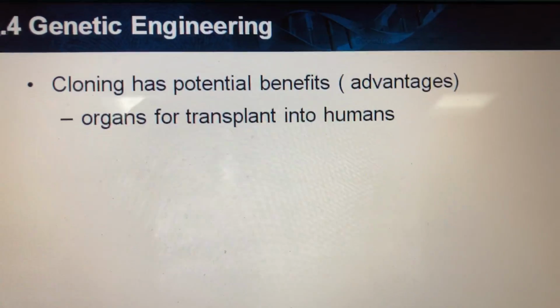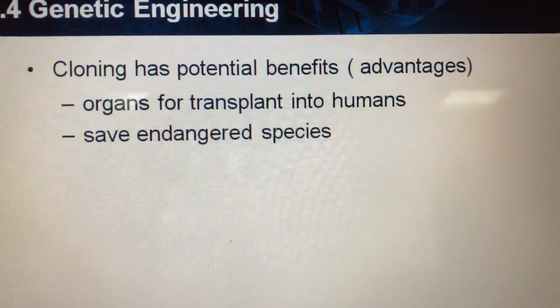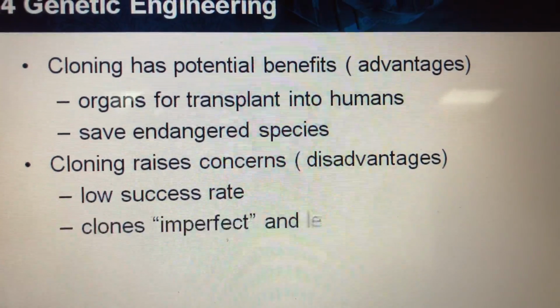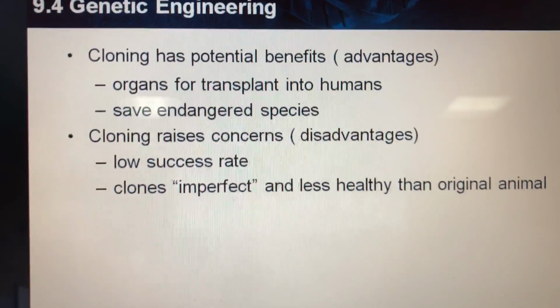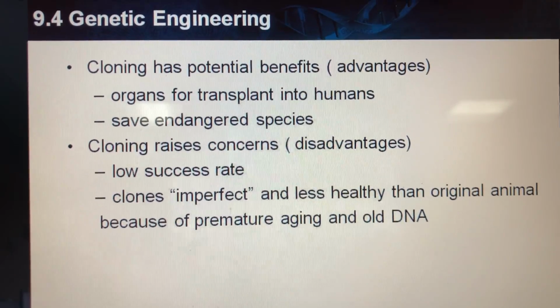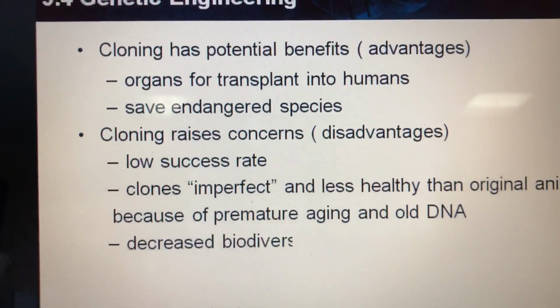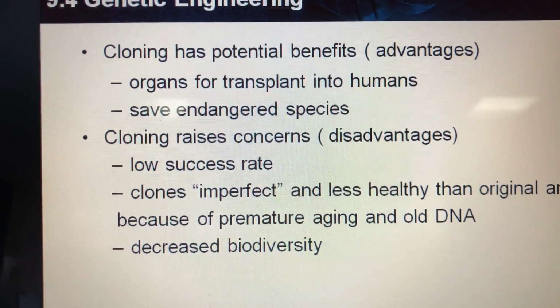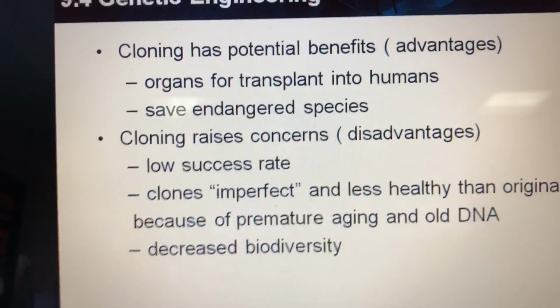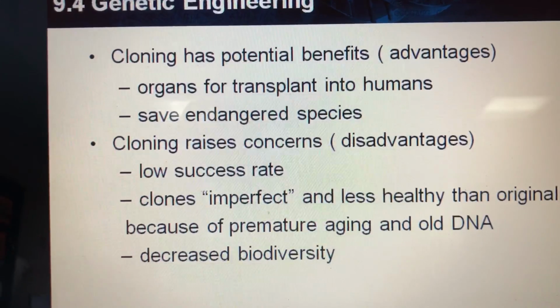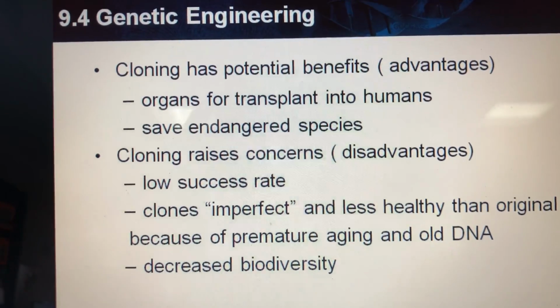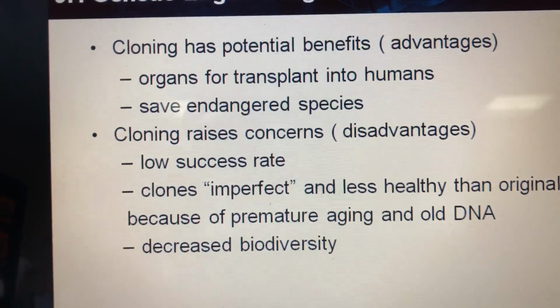Now, cloning has potential benefits, advantages, and disadvantages at the same time. The advantages of cloning could be organs for transplant into humans. They use organs from cloned animals, and these organs can be transplanted into humans. Also, cloning can be used for saving endangered species of different organisms.